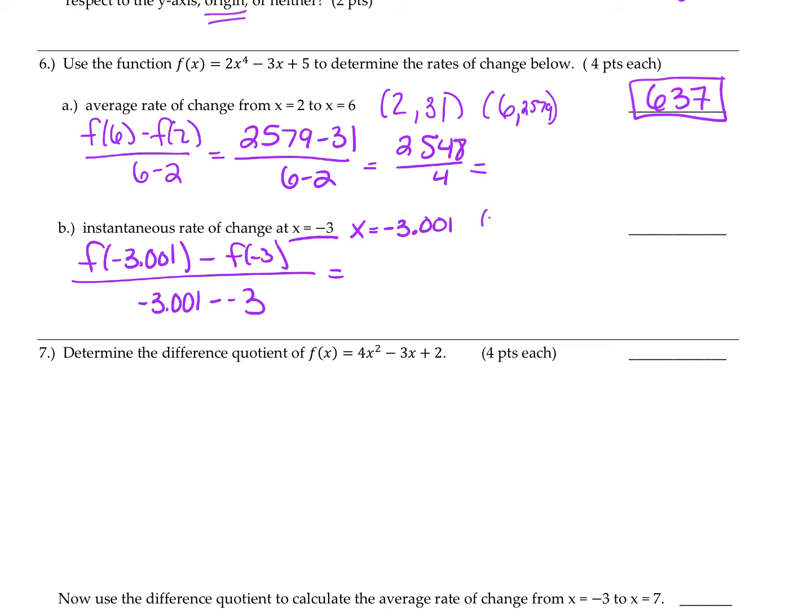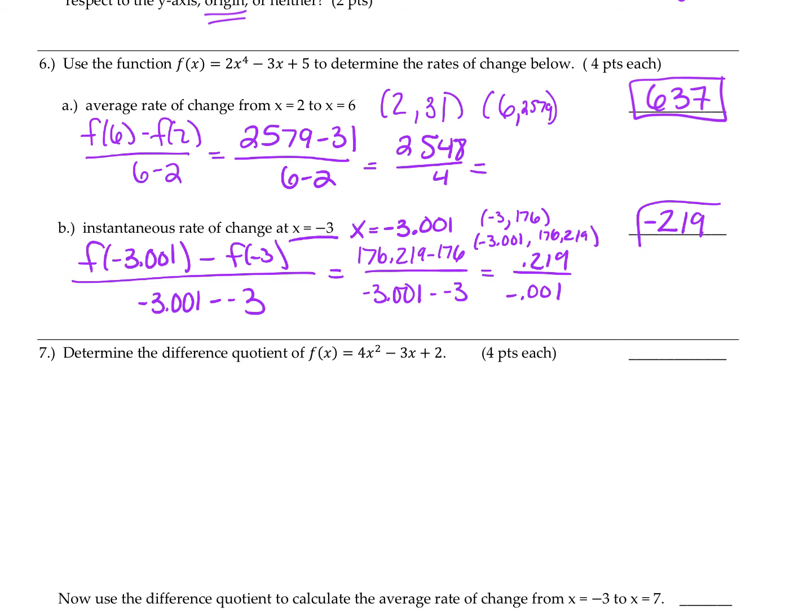At negative 3, my y is 176, and at negative 3.001, my y is 176.219. So I'm going to have 176.219 minus 176 all over negative 3.001 minus a negative 3. When I do that computation, I'm going to get negative 219 as my instantaneous rate of change at negative 3.